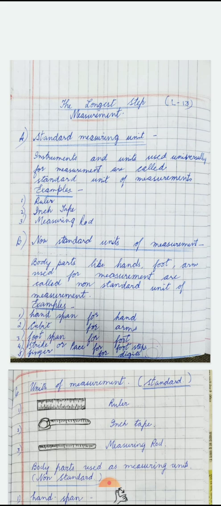I give you an example: your hand may be smaller than your father's hand. So if I give a register to measure with your finger or a hand, your father or your mother will have it about 2 hand spans, but you may have it as 4 hand spans. Why? The size may vary.